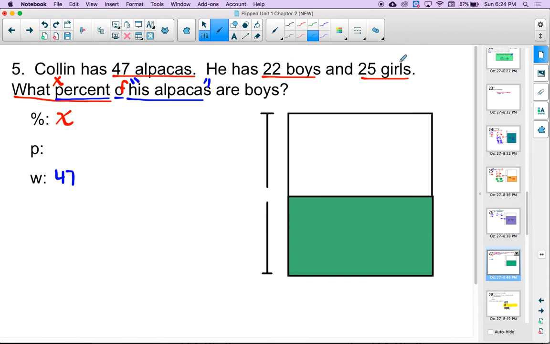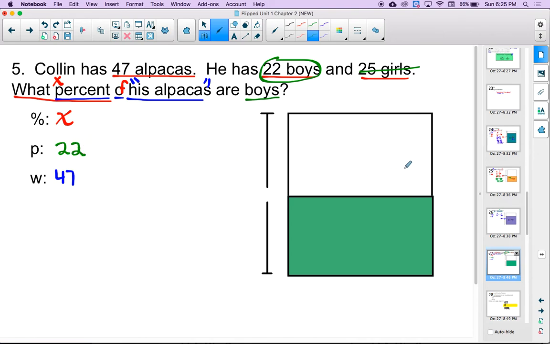We have a 22 and we have a 25, so we have to read our question one more time to figure out what the part is. What percent of his alpacas are boys? So the part we're focusing on are the boys, not the girls. Sorry girls, we're not going to use that number this time. So the part is the 22 boys.